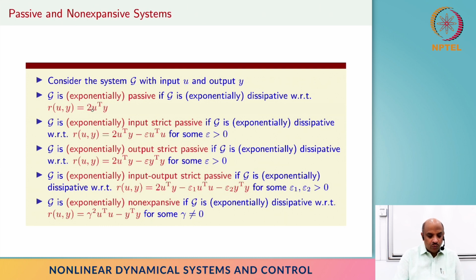So if u is 0, r(u, y) is 0 in the case of passivity, right? In the case of input strict passivity, same thing is true. In the case of output strict passivity, we get this part as 0, but then the r(u, y) is minus epsilon y transpose y, which of course is less than or equal to 0 for all positive epsilon. Same thing is true about input output strict passivity.